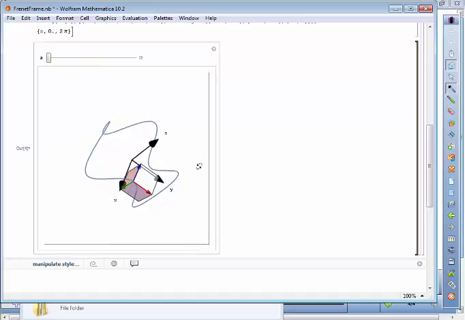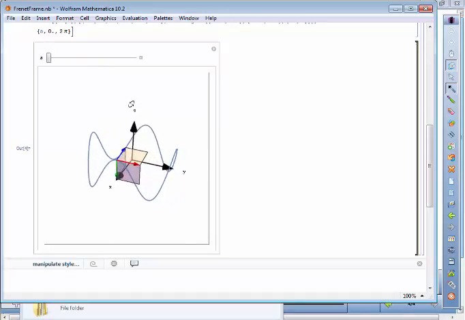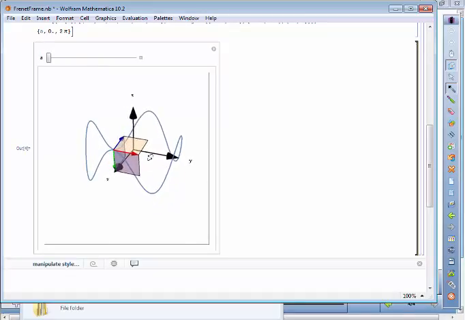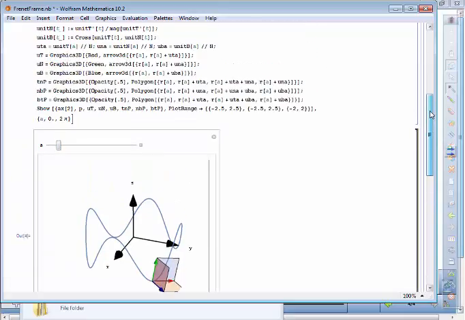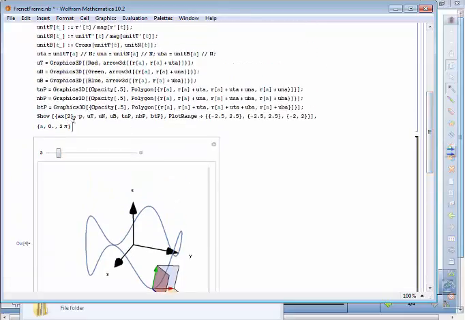Now the big black vectors are just the axis. And as I move around, let's take those boxes out first. Where am I going to find them? U, T, P, T, T, N.